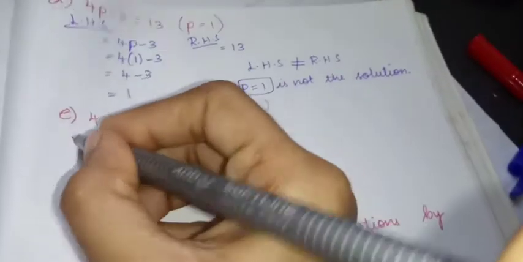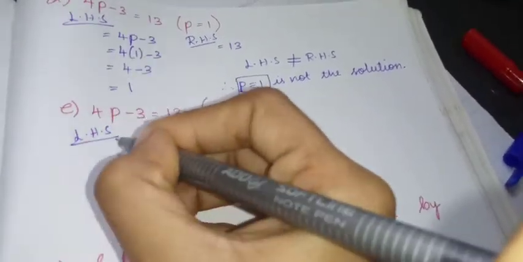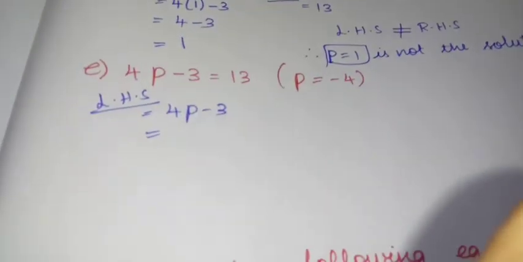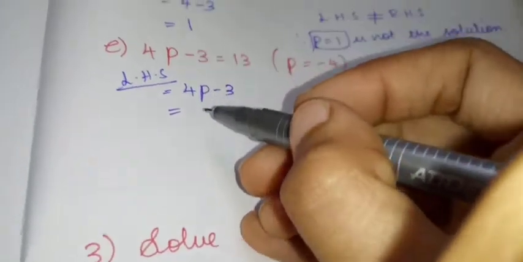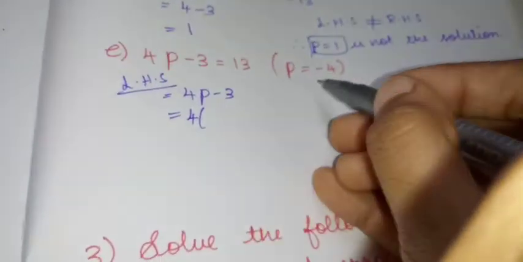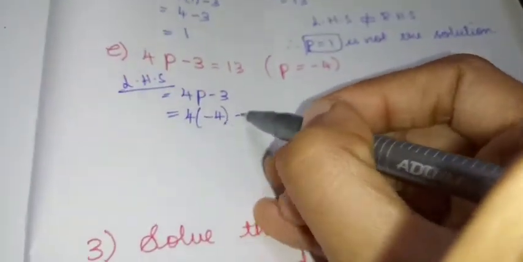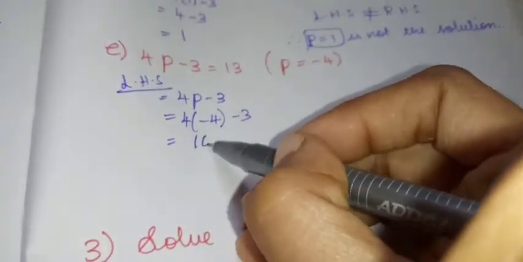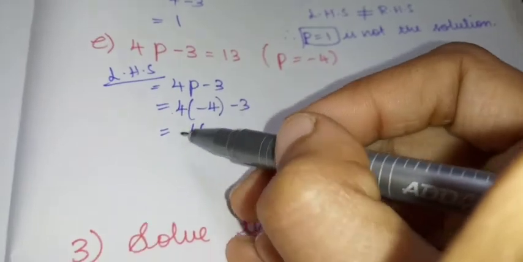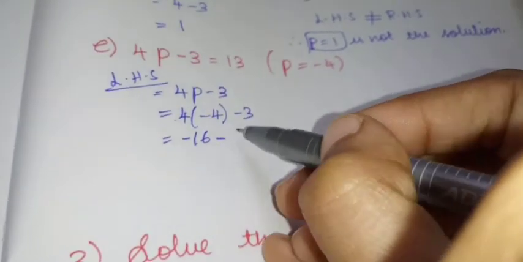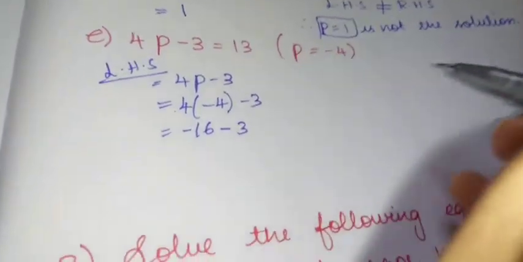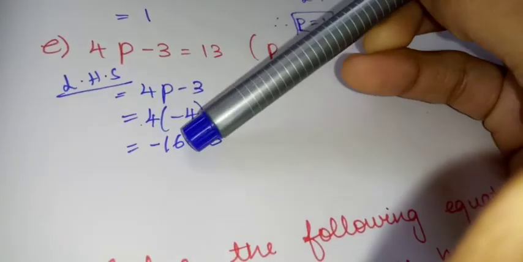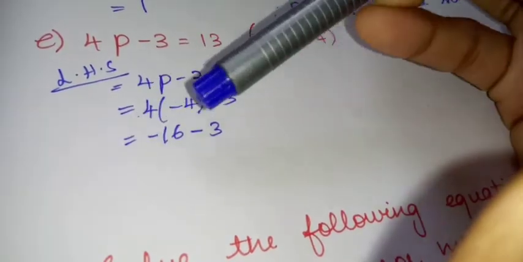Now, LHS: 4p minus 3. What is the p value? Minus 4. 4 into 4. 4 4s are 16. Plus into minus, minus 16. Minus 16 minus 3, children.